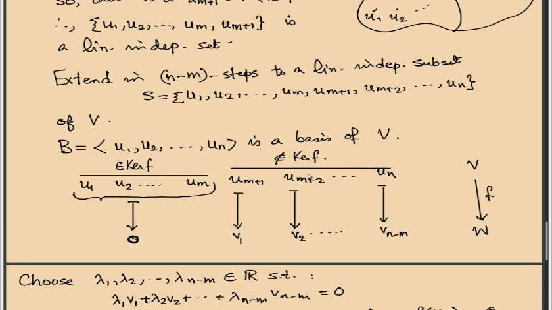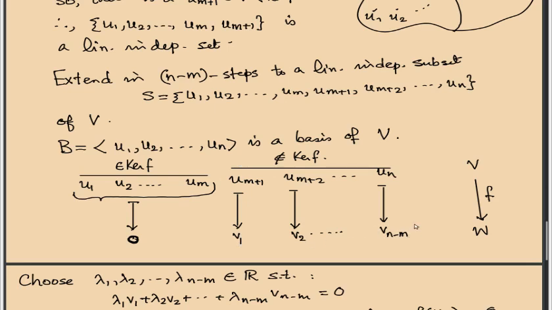Now we are looking into the action of f. Since u1 to um all belong to the kernel, they are all taken to 0. And since the others do not belong to the kernel, none of these vectors v1, v2, v n minus m can be the 0 vector.